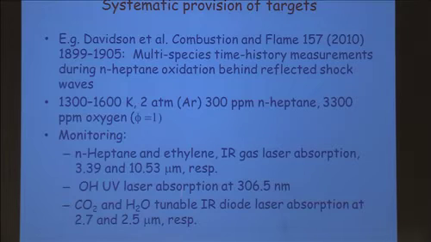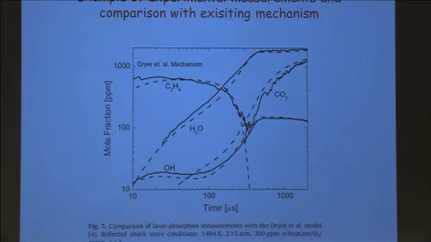So taking these shock tube data, doing shock tube experiments, and defining the system as well as one possibly can. And then this is an example of a test of a mechanism against these shock tube data.